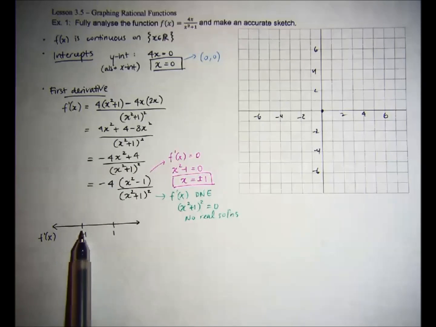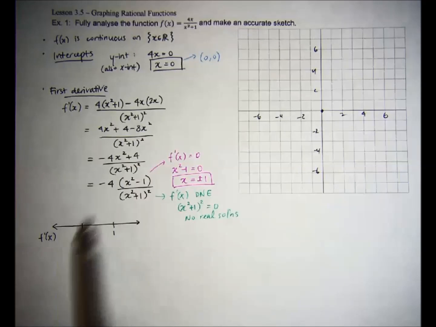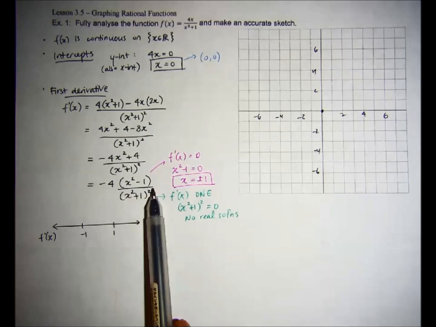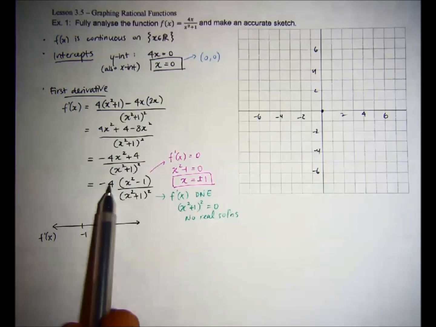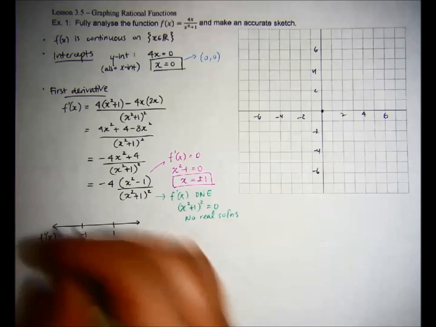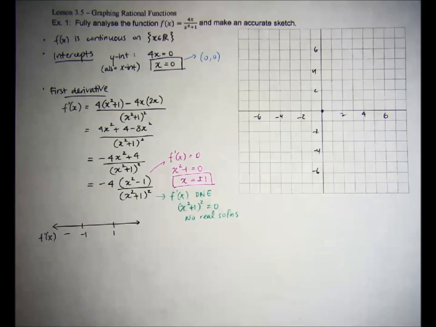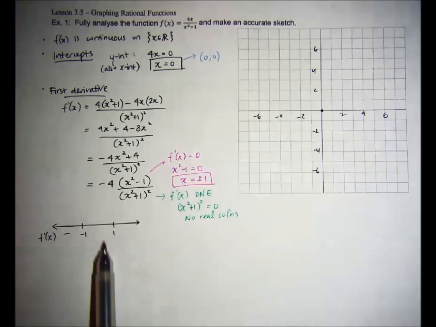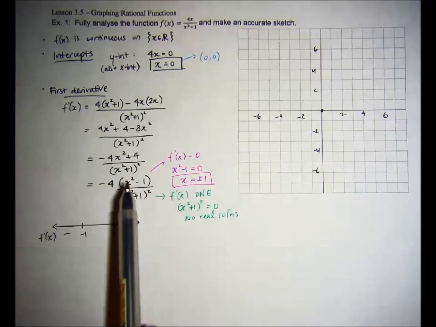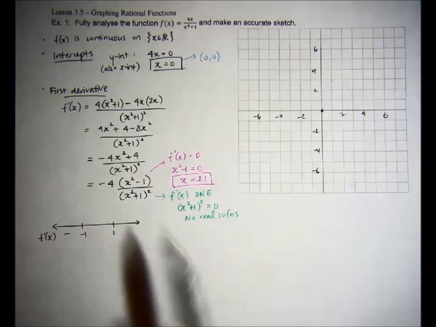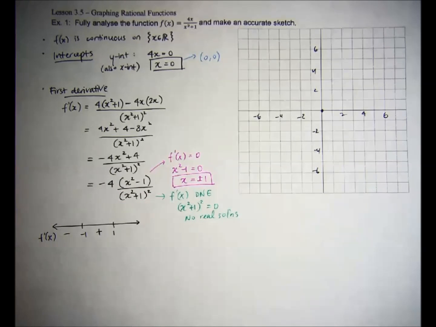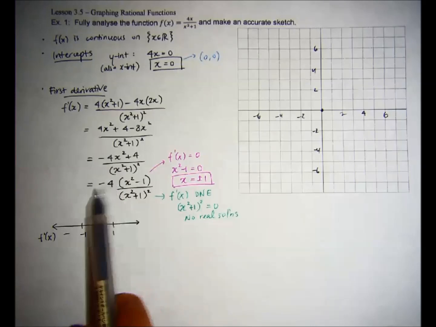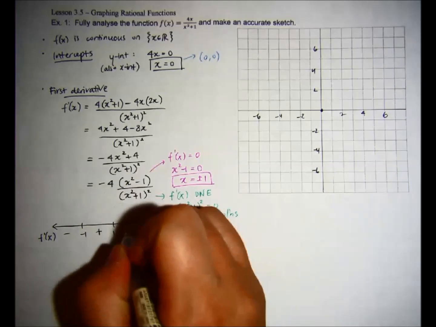When I take a number that is smaller than negative 1, I square it, and then I subtract 1, that's going to be a positive answer, times negative 4, that'll be negative. I don't have to worry about the denominator, it's always going to be positive regardless. Between negative 1 and positive 1, a number like 0, that's going to be negative times negative, so it'll be positive. And a number greater than 1 gives positive times negative, overall negative.